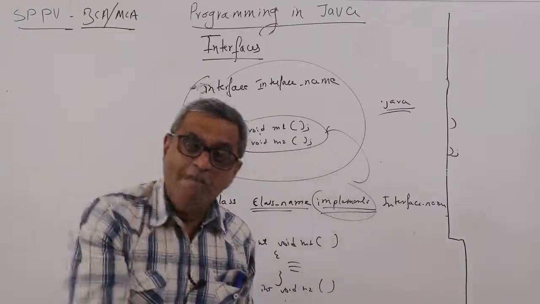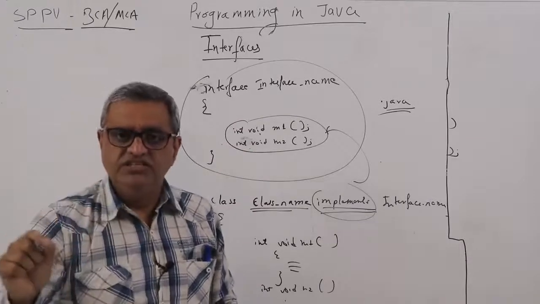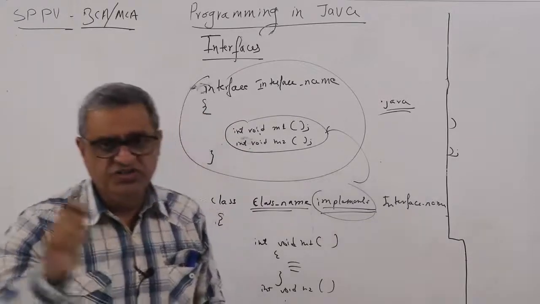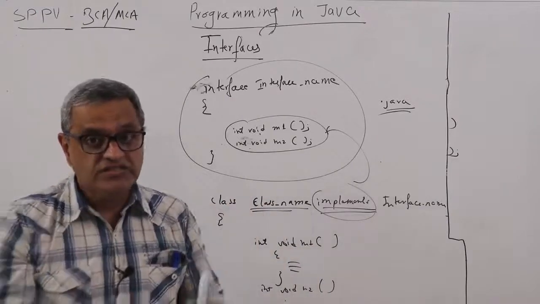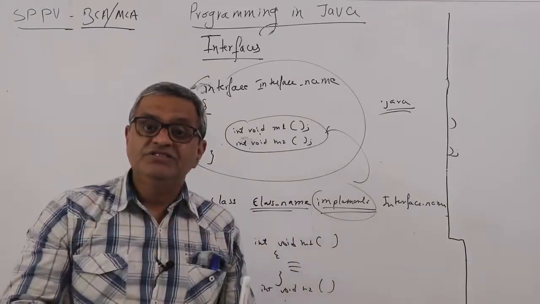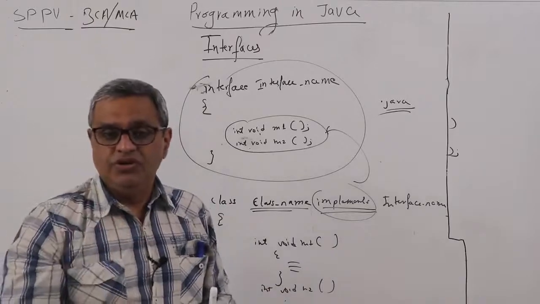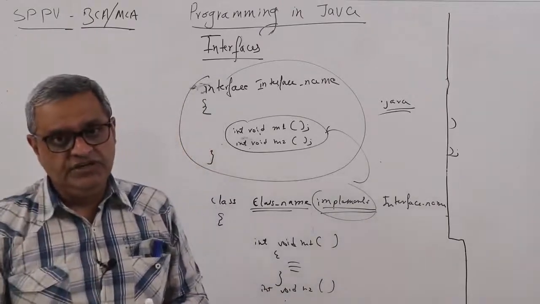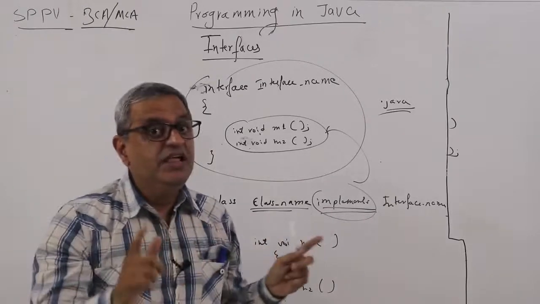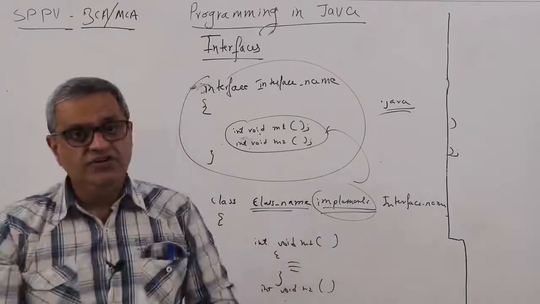You have to compile an interface. So javac is the compiler which you will use to compile an interface, and similar to the class, the interface also has a bytecode, and a .class file gets generated. So this is the similarity between class and interface.